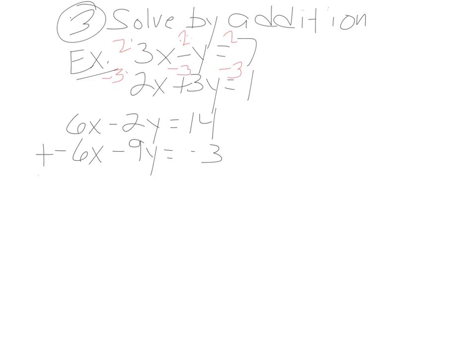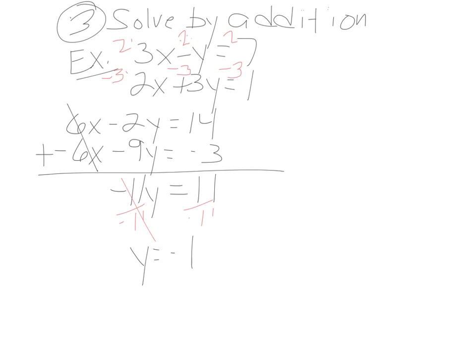And now we add, and so because I have a positive 6x and a negative 6x, those are going to cancel. Negative 2y and negative 9y make negative 11y equals 14 minus 3 is 11. Now divide to get the y by itself, and I have y equals negative 1.